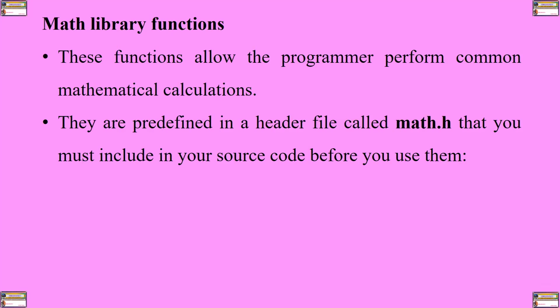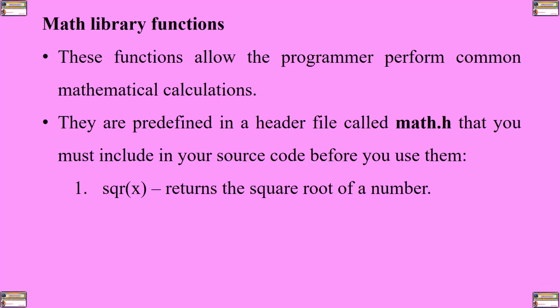This simply means that, my dear students and the rest of the learners, if you know that within your program you are going to make use of inbuilt math functions, then it is important that you include the preprocessor directive math.h in your program so that those functions are part and parcel of your code.